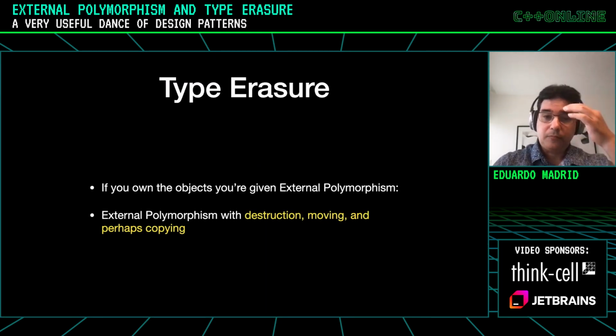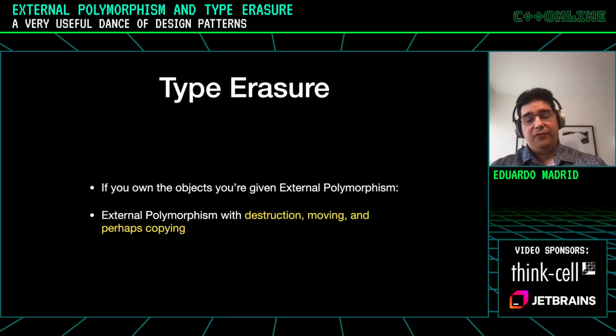So type erasure is the combination of external polymorphism when you want the runtime polymorphic services or APIs or affordances of destruction, moving, and perhaps copying.